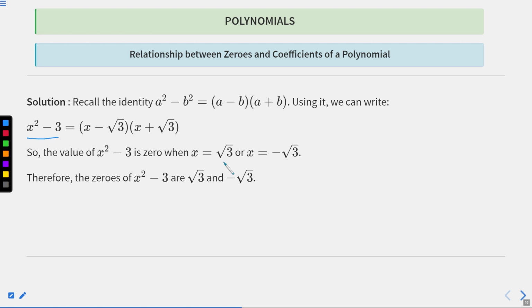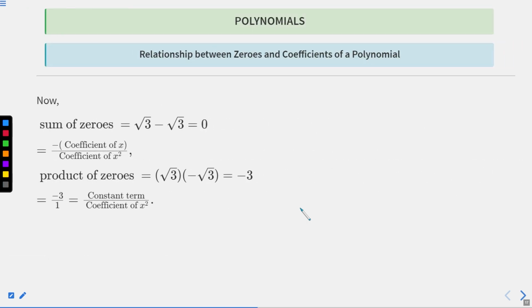So the value of x square minus 3 is 0 when x minus root 3 is equal to 0 or x plus root 3 is equal to 0. That is when x is equal to root 3 or x is equal to minus root 3. Therefore the zeros of x square minus 3 are root 3 and minus root 3.